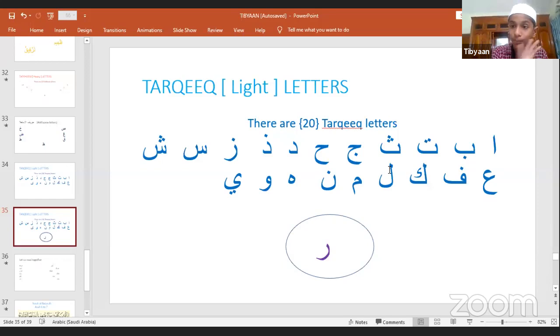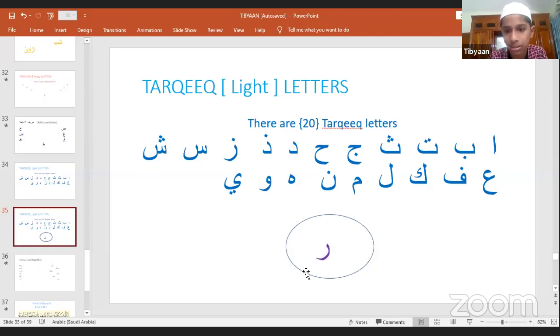Laam in Allah is a completely different exception. If laam comes without Allah, laam is always tarqiq. All of you know we just learned the 20 tarqiq letters. So laam is a tarqiq letter, but in only one place, that is Allah. Only in that word can laam be either tafkhim as well as tarqiq.